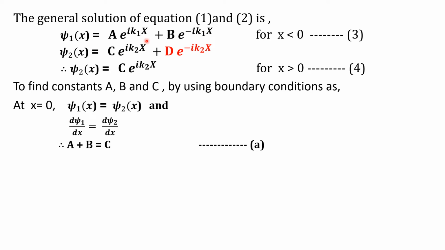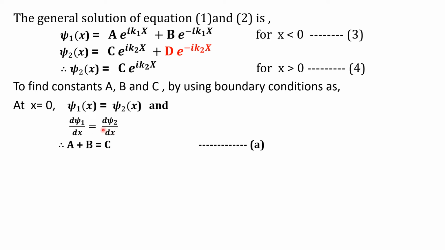Therefore, the psi 1 term on one side is a plus b after putting x equal to 0. On the other side, c into exponential ik2x, with x again 0, exponential 0 is 1, hence the other side is c. Hence, for the first condition, we get the equation a plus b equal to c.